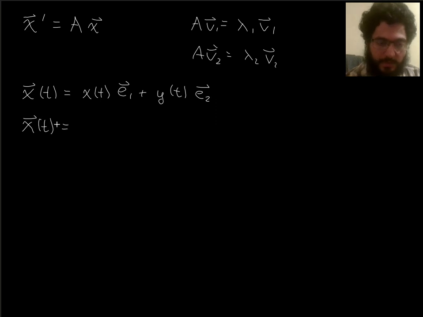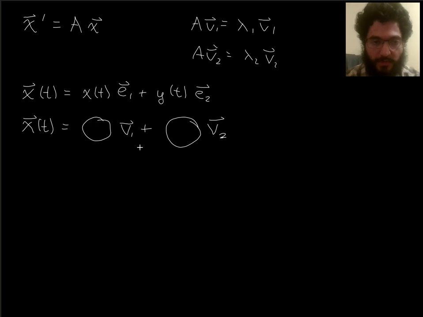So let's expand it out as some function of t times the first eigenvector plus some function of t times the second eigenvector. Let's express our solutions like this. Instead of looking at their 1, 0 component or their x component and their 0, 1 or y component, let's look at their v1 component and their v2 component.